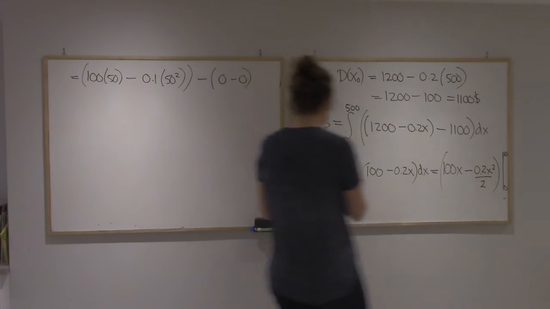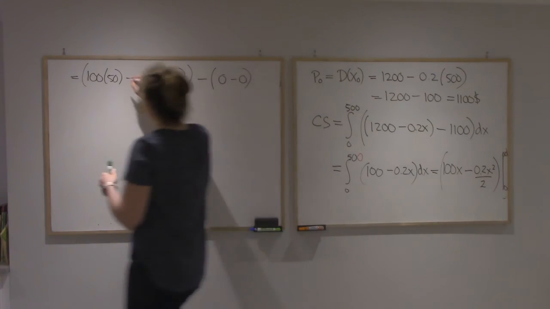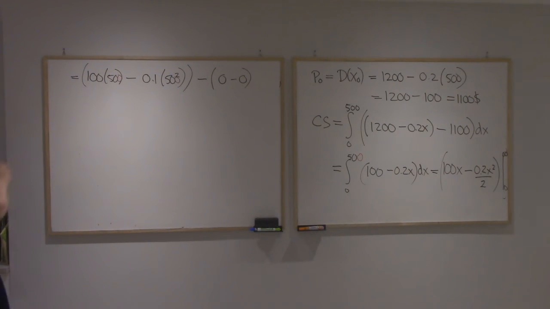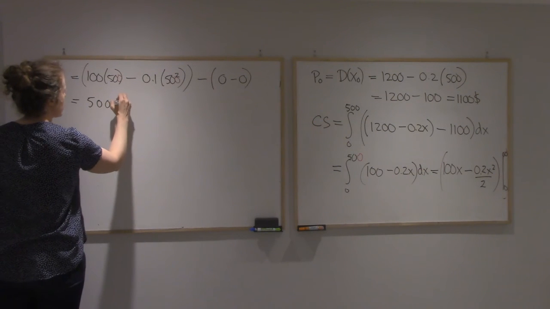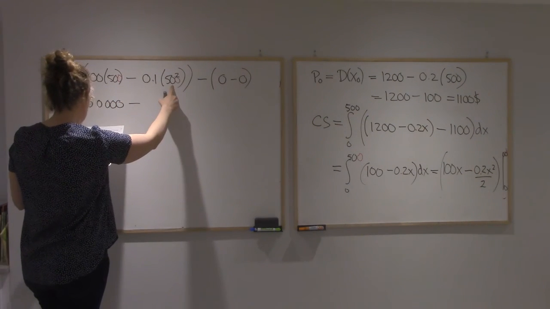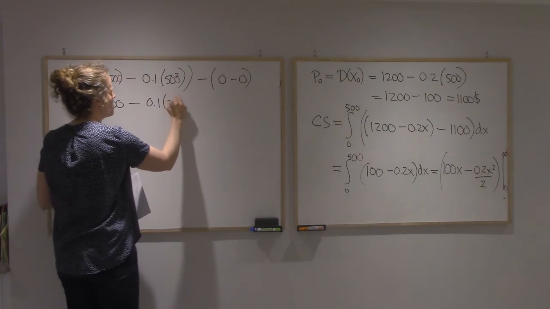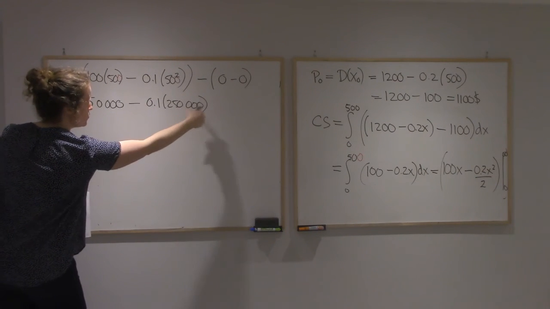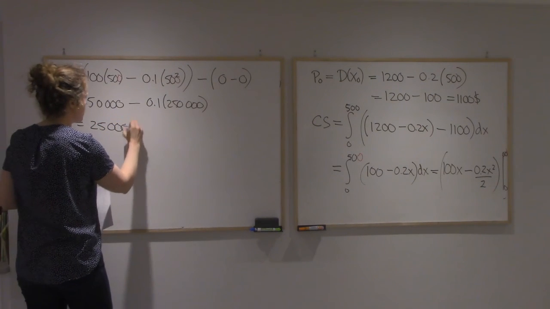Sorry, it was 500. So an extra 0 here, an extra 0 there. I get 50,000 minus 250,000 times 0.1, so I move one of the zeros, and I get 25,000, so $25,000.